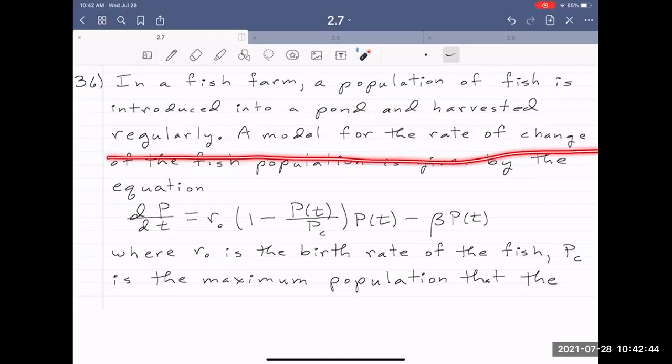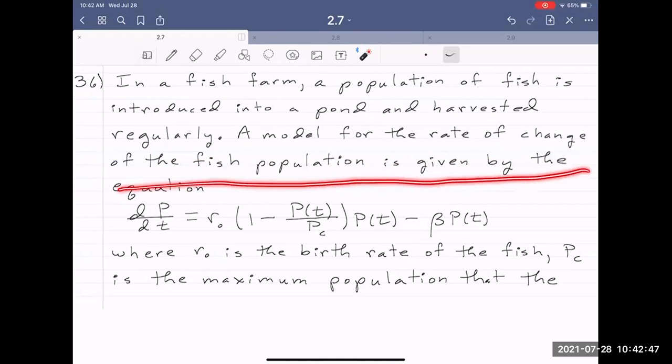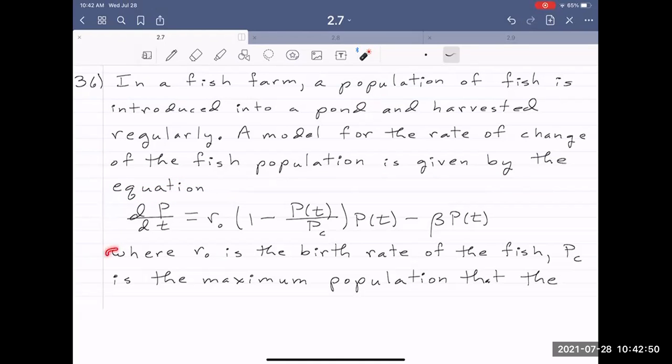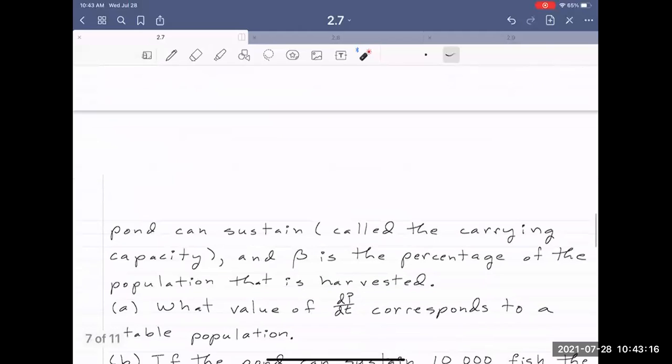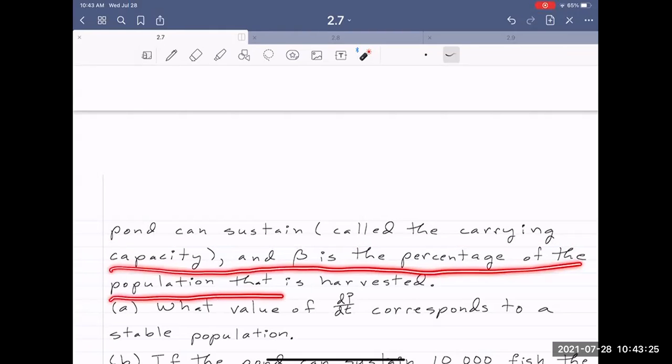A model for the rate of change of the fish population is given by the equation dp dt is equal to r sub 0 times 1 minus p of t divided by p sub c, times the quantity p of t, minus beta times p of t, where r sub 0 is the birth rate of the fish, p sub c is the maximum population that the pond can sustain, called the carrying capacity, and beta is the percentage of the population that is harvested.